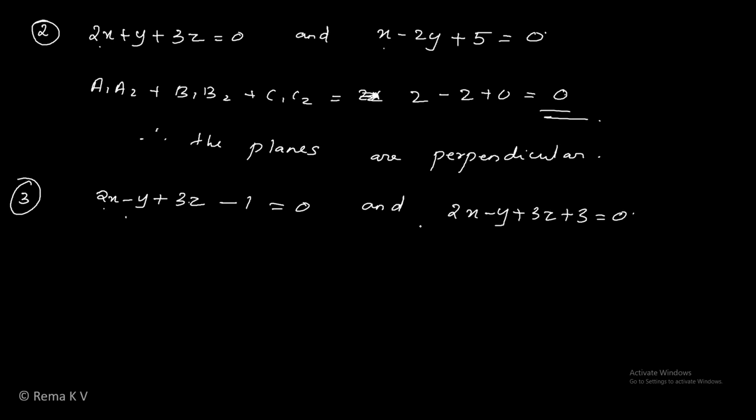You can find A1 by A2. A1 by A2 means it is 2 by 2. A1 by A2 equals B1 by B2 equals C1 by C2 implies the planes are parallel.